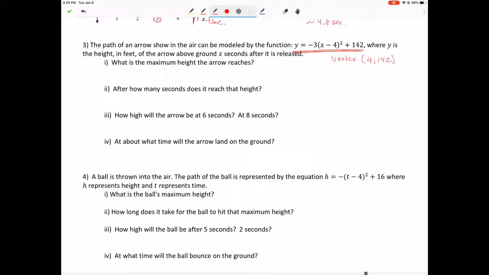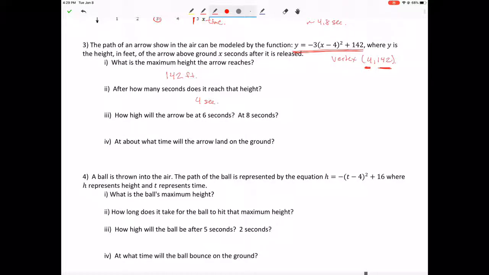Okay, so we know the maximum height is 142 feet. That's as high as the arrow reaches. After how many seconds does it reach that height? That will be our x value. That's how many seconds it takes to get to 142 feet. So that would be 4 seconds.